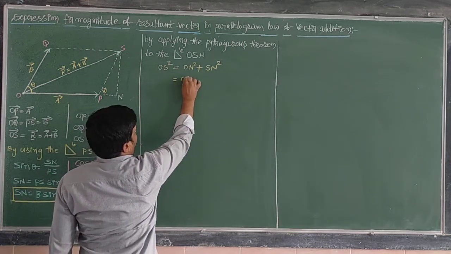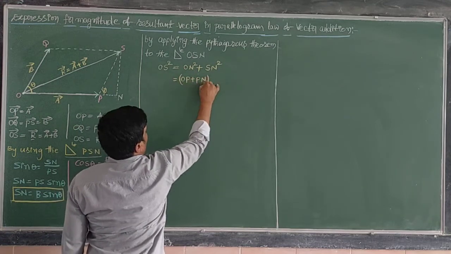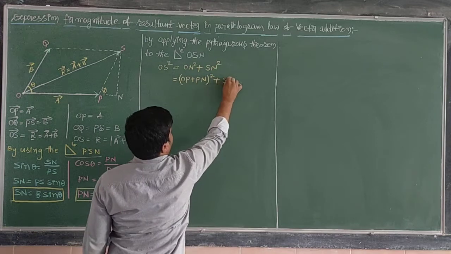So OS square is equal to OP plus PN whole square plus SN square.